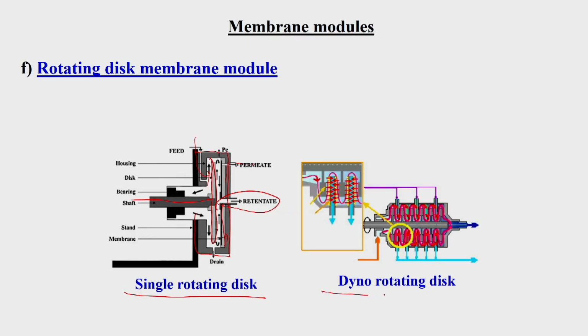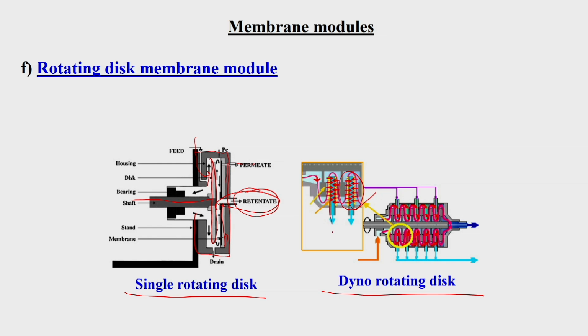We have multiple rotating discs, that is called dyno rotating disc. Suppose the retentate is coming from one rotating disc membrane module. If it is fed in the next one, then here also again we will be getting retentate and permeate.